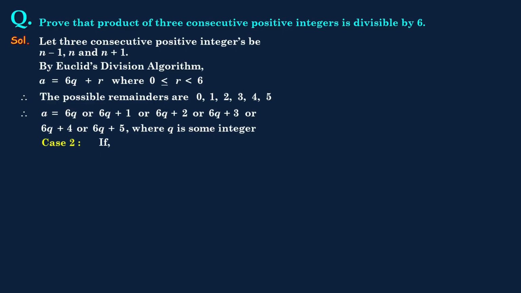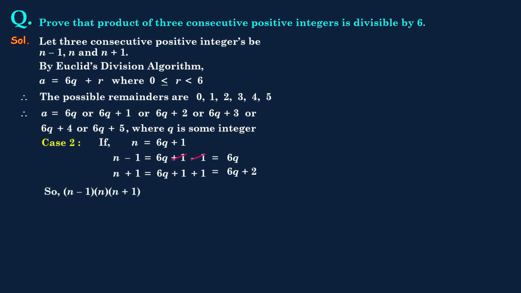Now let us consider the second case where a equal to 6q plus 1. That means n equal to 6q plus 1. So n minus 1 will be 6q plus 1 minus 1, that is 6q. And n plus 1 will be 6q plus 1 plus 1, that is 6q plus 2. So the product is going to be 6q, 6q plus 1 and 6q plus 2.